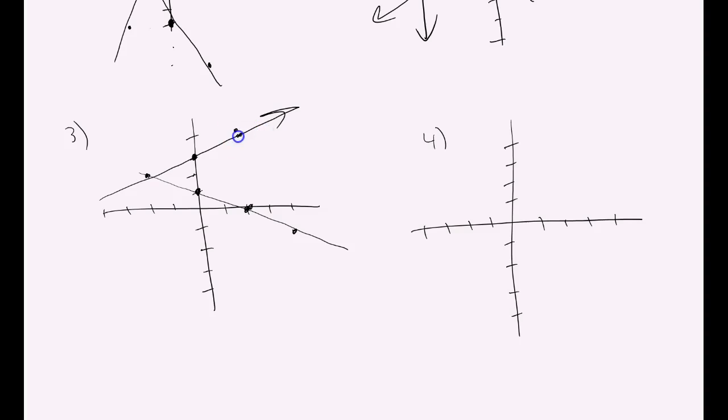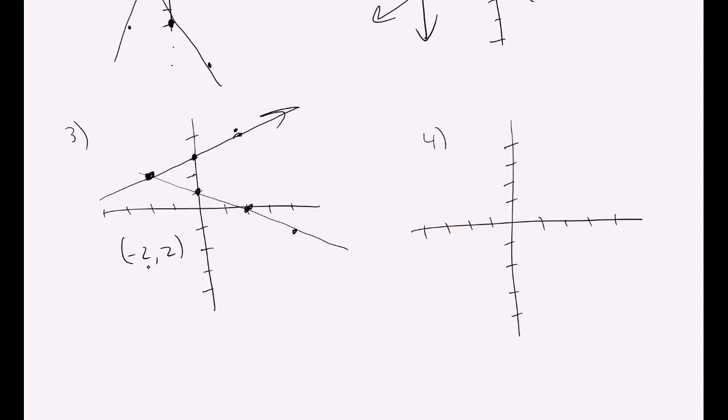It's going to look like that. Which means this is their intersecting point right here, and that was the point negative 2, positive 2? I believe so. Negative 2, positive 2. Yep, that works. So that's going to be the x and the y on number 3.